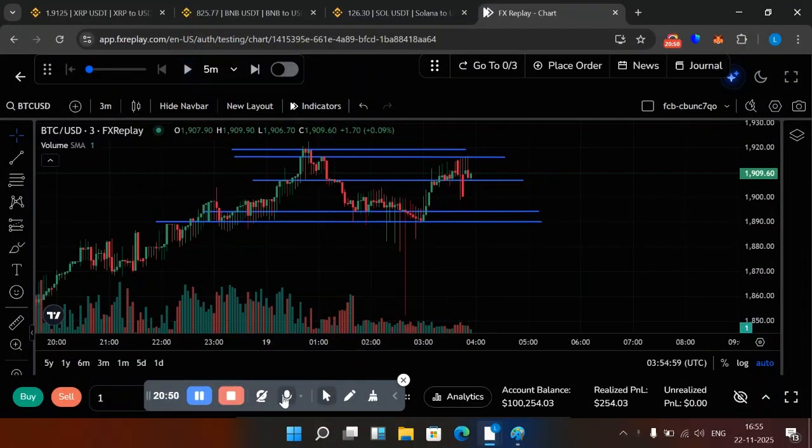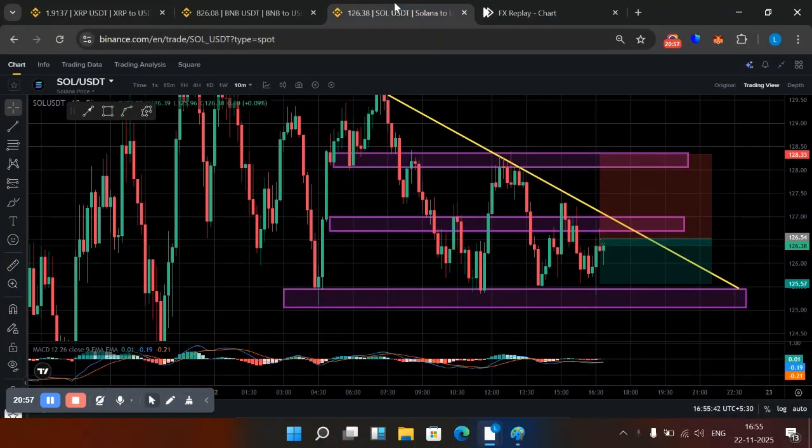Boom, guys, another profit here. You can see in between we had to exit that trade because we didn't enter it right on time, but yeah, there was a problem.